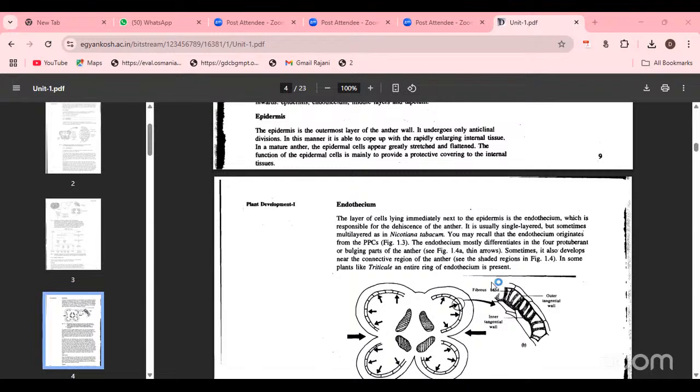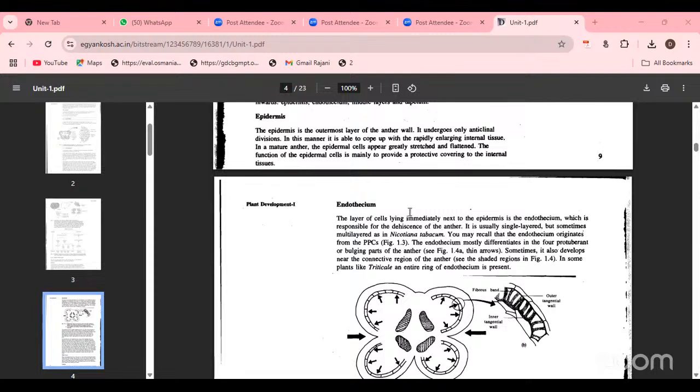It is usually single layered, but sometimes it is multi-layered, as in Nicotiana tabacum.